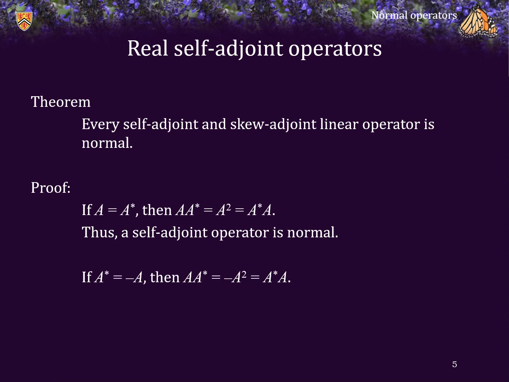Similarly, if the adjoint of A is negative A, then A times its adjoint is negative A squared, which is exactly what you get if you multiply the adjoint of A times A. Thus, a skew-adjoint linear operator is also normal.